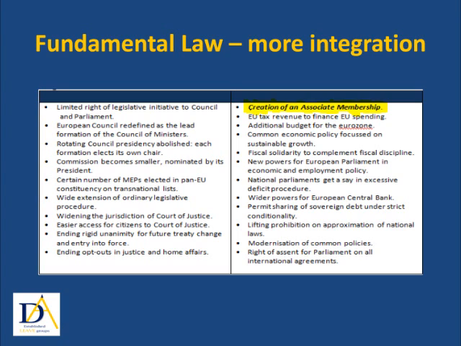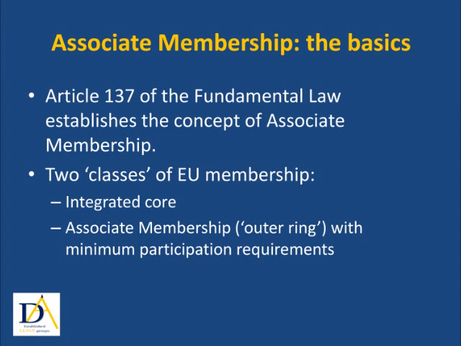So, just to get even more into the detail, Protocol 9 of the Fundamental Law sets out some of the basic rules by which associate membership would operate. Some of the key things are that whoever was in associate membership would have to respect and promote the values and the principles of the Union and the Charter of Fundamental Rights.